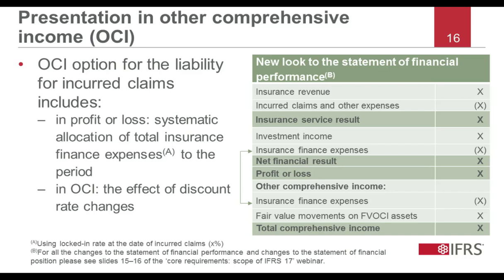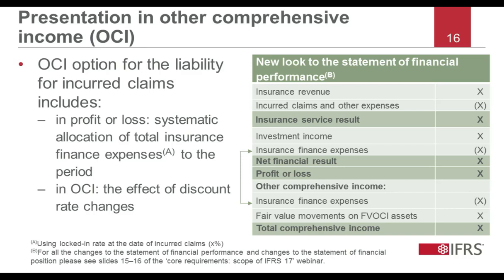If an entity chooses to disaggregate the insurance finance expenses, the entity will present, in profit or loss, a systematic allocation of total insurance finance expenses to the period using the locked-in rate at the date when the claims are incurred, whereas in other comprehensive income, the entity will present the difference between amounts presented in profit or loss and the discounting effect on the liability for incurred claims using current discount rates reported on the balance sheet.